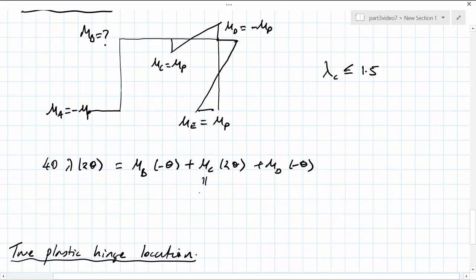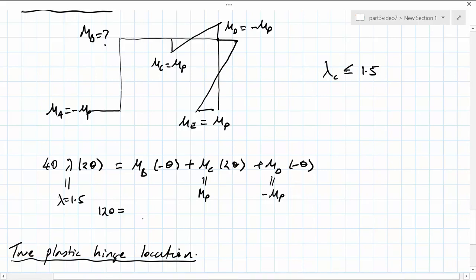We know that MC is equal to MP. We also know that MD is equal to minus MP in the diagram above. We also know that lambda is equal to 1.5.